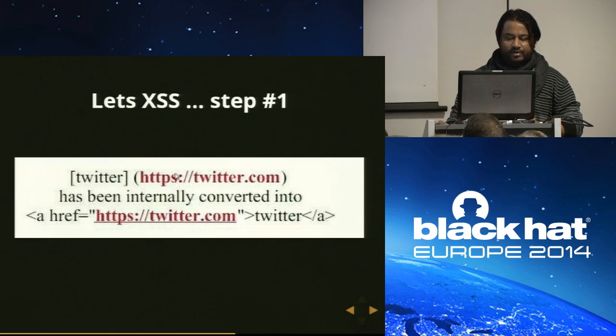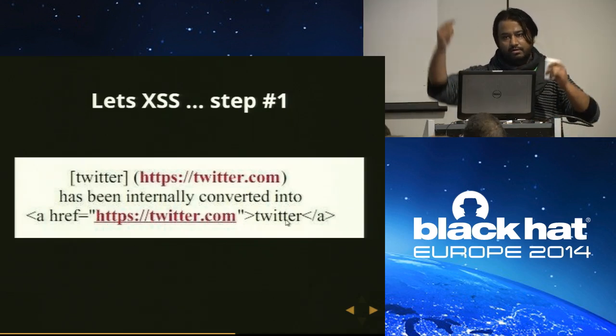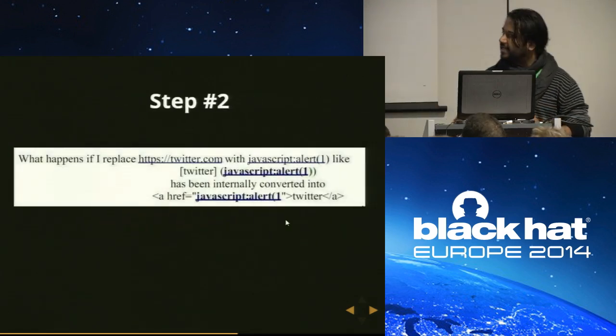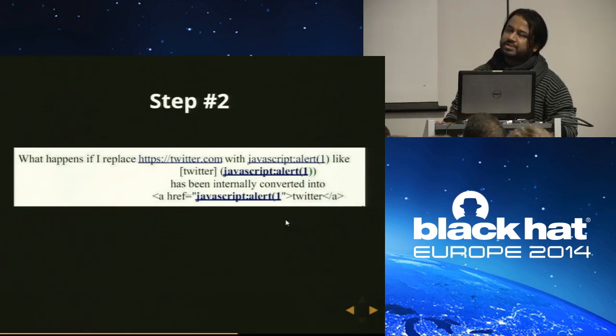So it means if you write Twitter in square brackets and twitter.com in small parentheses, it will be internally converted into an anchor tag with an href that will hold this value, and this Twitter goes here. Makes sense. Now, remember the methodology. Start applying it. The first step was simple JavaScript alert 1, but it does not work. Can someone identify why?